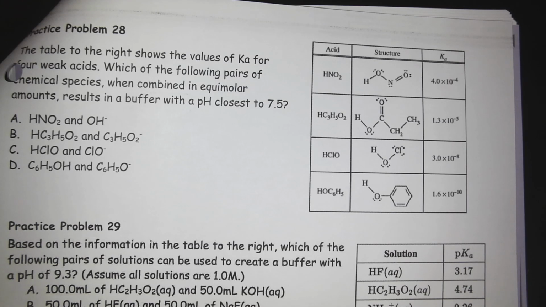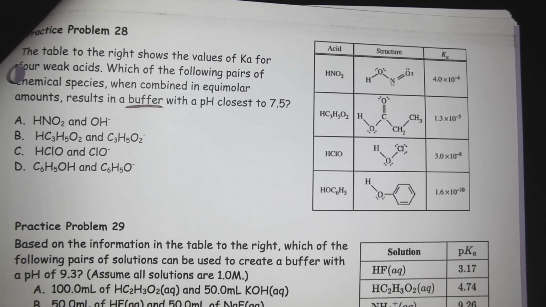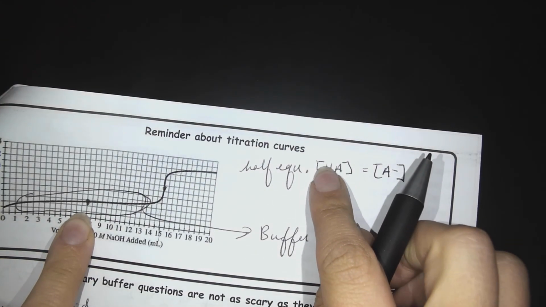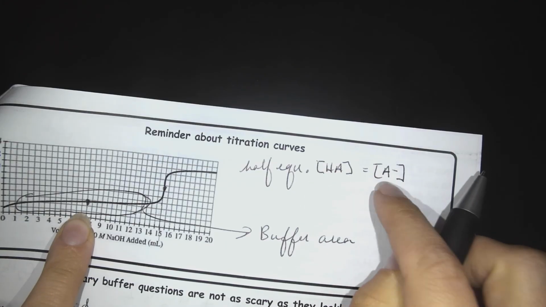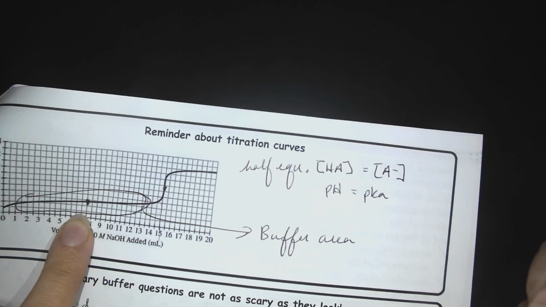The table to the right shows values for Ka for 4 weak acids. Which of the following pairs of chemical species, when combined in equal amounts, results in a buffer with a pH closest to 7.5? Remember how at the half equivalence, the acid, when it has equal concentration to the conjugate base, then the pH equals the pKa.